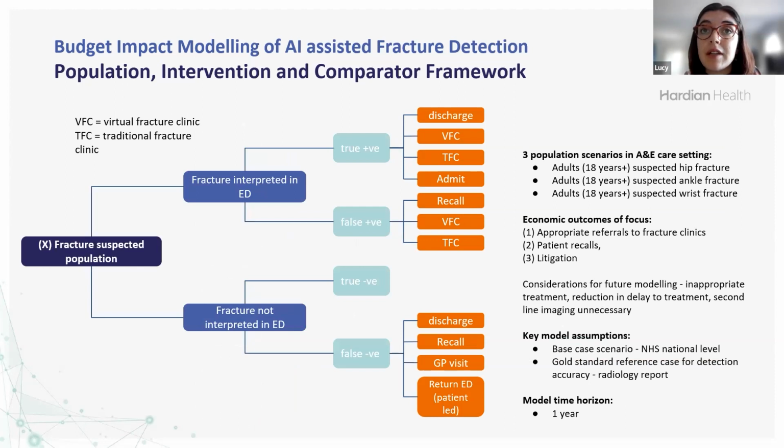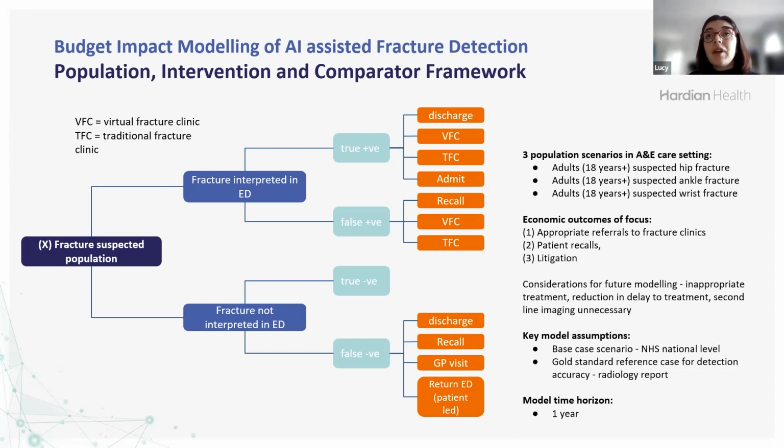And so this is the structure of the budget impact model that we have conceptualized. So we have the starting fracture population, a decision node, which is: is a fracture interpreted or not?